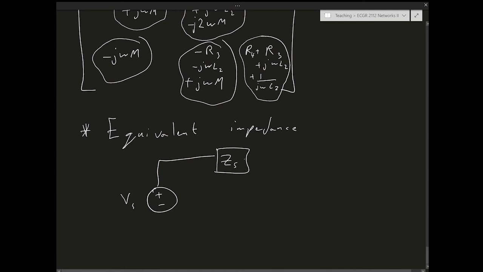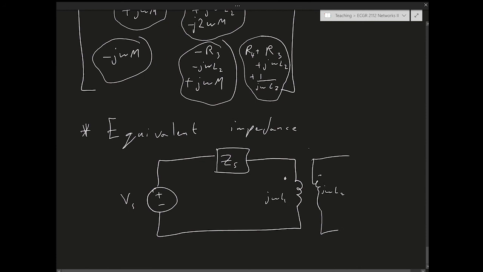S means source, source impedance, and then we have this transformer, which is just a set of mutually coupled inductors. I have j omega L1, j omega L2, I have j omega M mutual impedance between them, and then I have a load impedance ZL. So the question is, what is the equivalent impedance looking into the circuit?